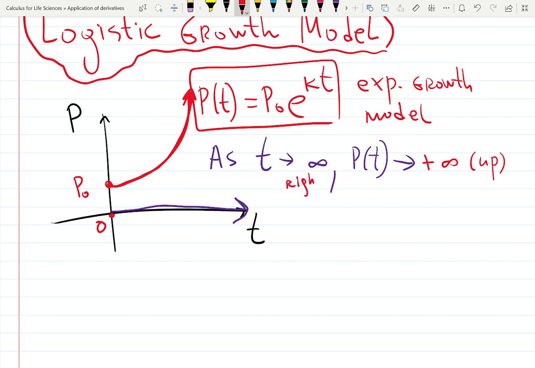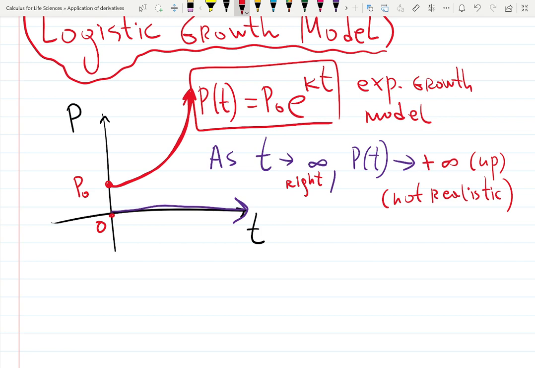That's your input versus output. t is going to the right, and the population is going up exponentially. That is not realistic. We cannot have infinitely many humans, even though we also grow exponentially. There is a limited number of Earths to live on, and the same with cancer, bacteria, rabbits, and everything else.